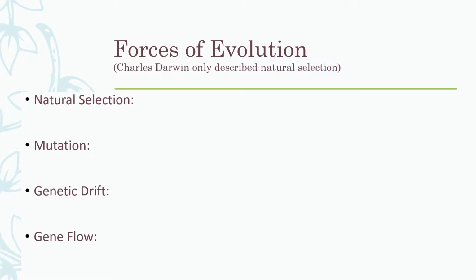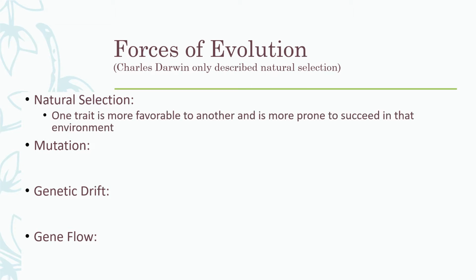So today, as our lecture title suggested, we're talking about the forces of evolution. Charles Darwin, that guy who sailed around on the HMS Beagle and coined the theory of evolution, only really described natural selection. Natural selection being that one trait is more favorable than another and is more prone to succeed in that environment.